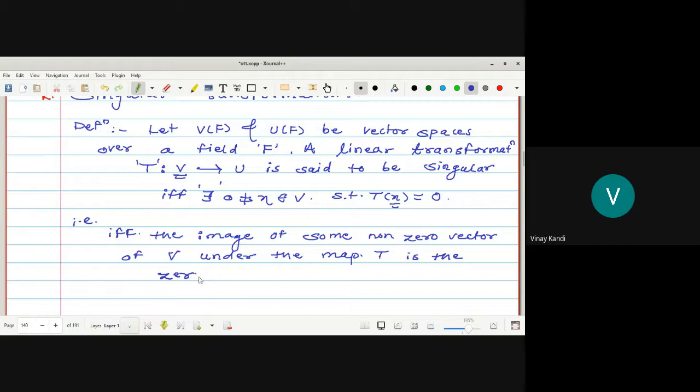That is, x is not equal to 0, but you apply T on that element x, then it becomes 0. Then that transformation is called a singular transformation.